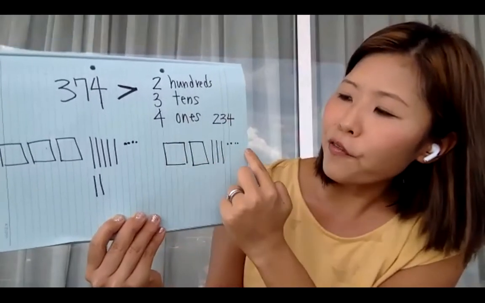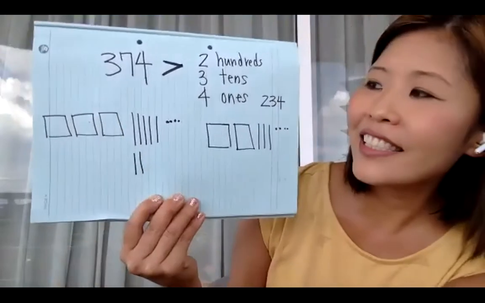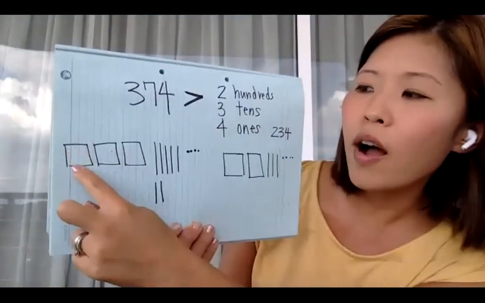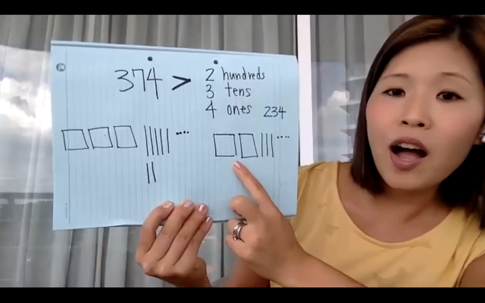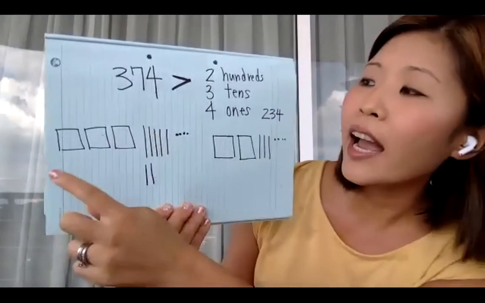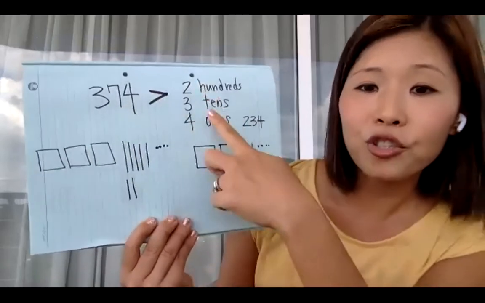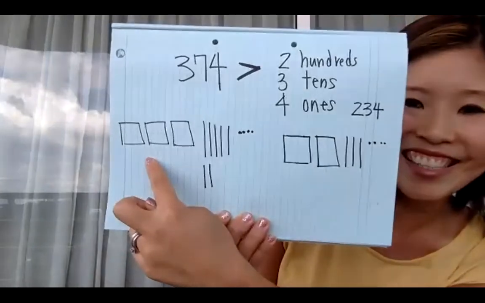as 234. Now when I look at my model, I can see that 374 has 1 extra hundred than 234. So I knew that 374 was greater than 234 because it has more hundreds.